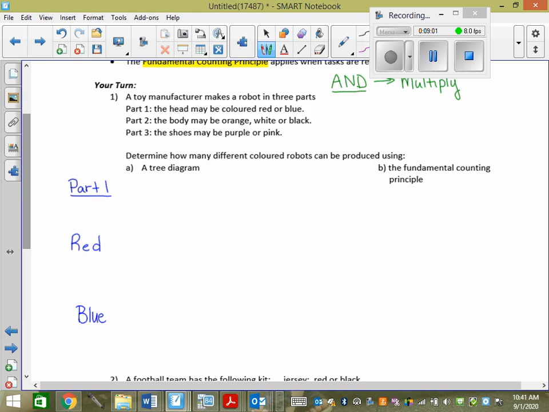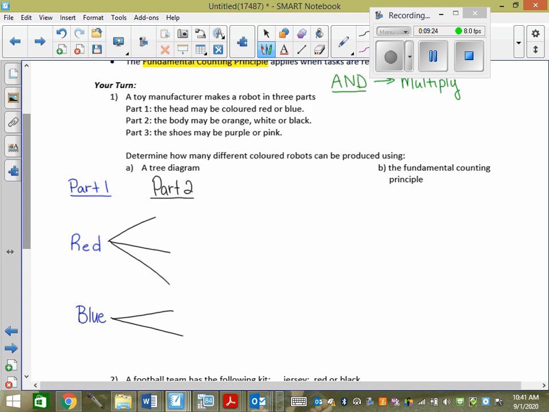Right? And then what would we do next? Off of each of these, I have the option of a body, which is orange, white, or black. So I have 3 options. So I'm going to label this part 2.